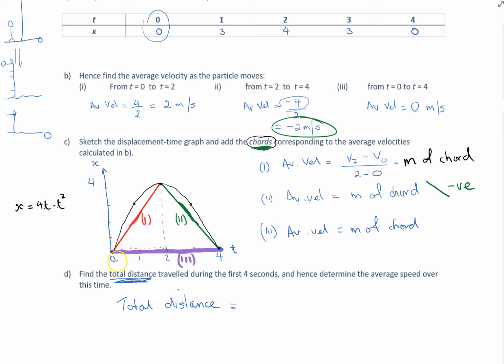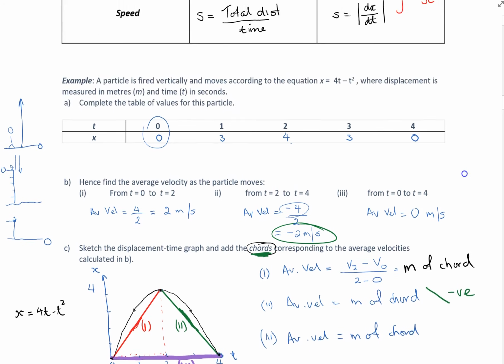So what was the maximum height that this particle traveled? It went up 4, then came down 4. Its total distance travelled is 8 metres. Therefore, the average speed is, what do we write in the table?